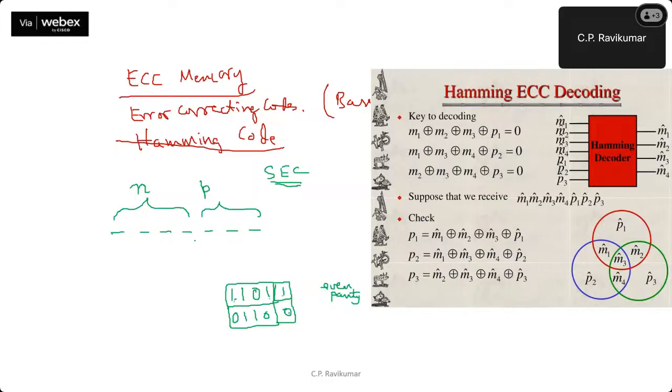And what we do is, when the parity bits are finally assembled, they may spell out, say, 011. So it should be able to say that in the third position there is an error.